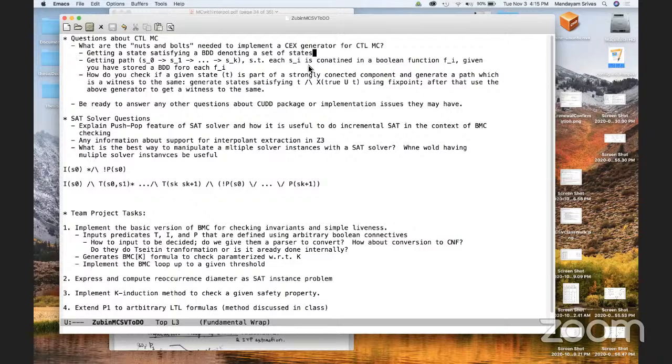Diganta, Kapil, are you with me? Yes, sir. So now you know that there is an initial state which violates it.